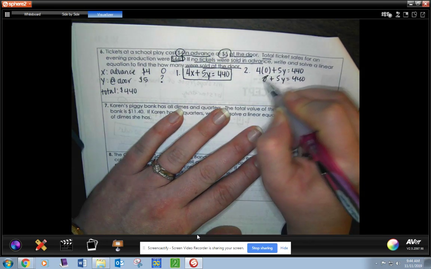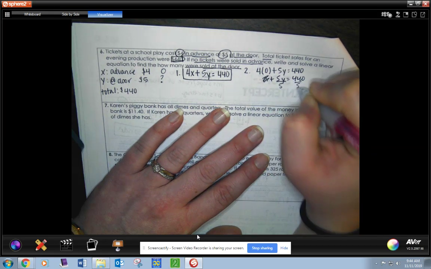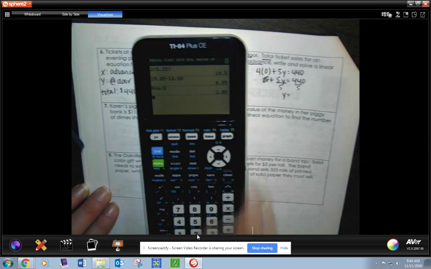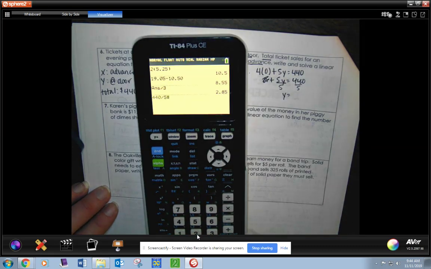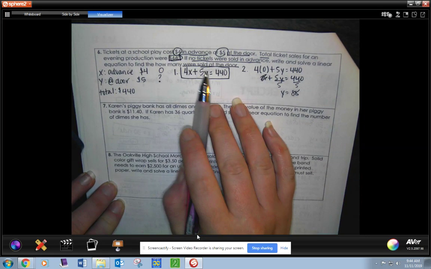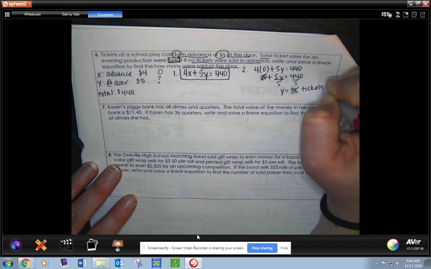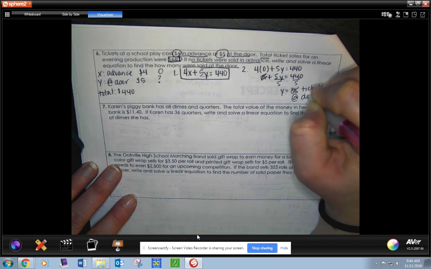You can drop and ignore that 0. It doesn't do any good. So we're just dividing by 5, and Y equals 88. And since we're finding tickets at the door, this would be tickets at door. Box that answer. You just did part 2.